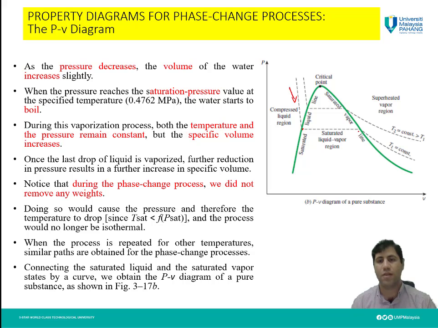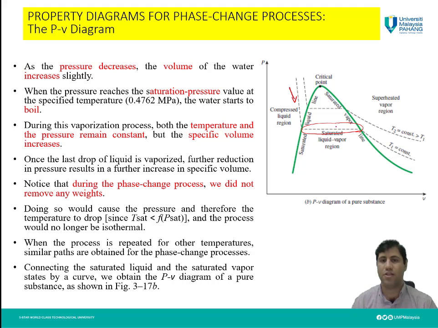Then again you can see the volume is increasing, the specific volume is increasing, but in this process we don't have a phase change. Here only pressure is decreasing at constant temperature, and also volume is increasing. But when it reaches here, it is the saturation pressure, the pressure for this temperature T1, at which the phase changing is started.